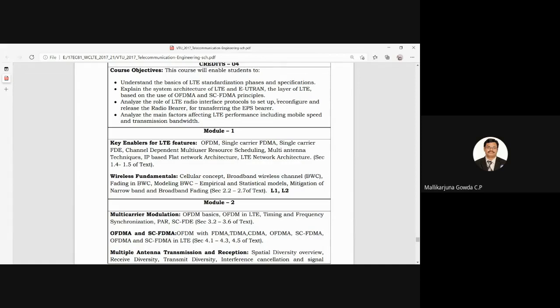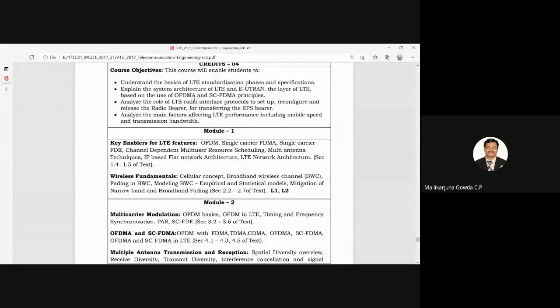Then you will be able to analyze the role of LTE radio interface protocols, which are used to set up, reconfigure, and release the services. You will also be able to analyze the main factors affecting LTE performance, which include mobile speed and transmission bandwidth.